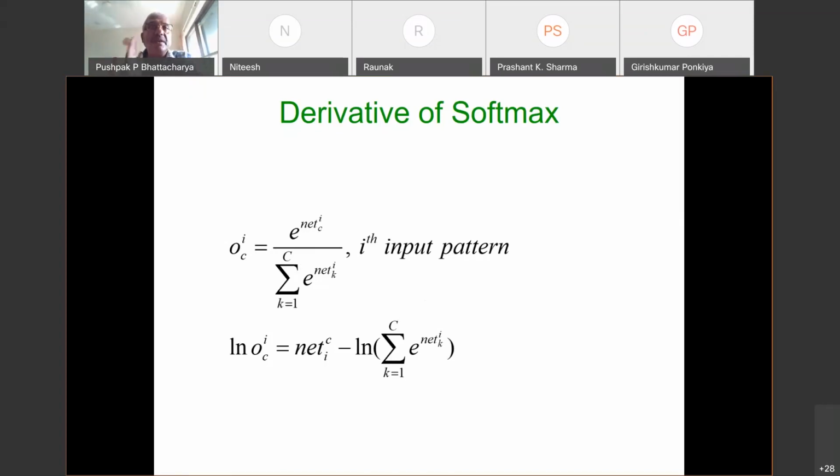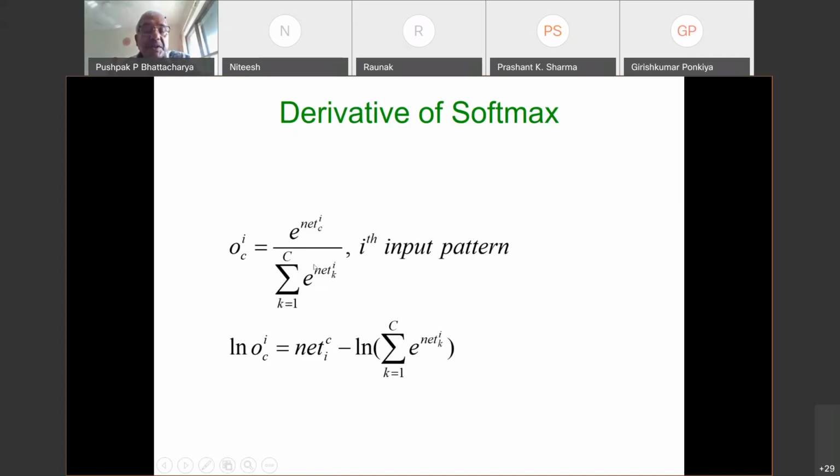That is a very basic point you have to keep in mind. We are taking the derivative of the output of the ith neuron with respect to the input. Which input? This neuron's own input or another neuron's input. This is a small difference from the sigmoid neuron, which we need to keep in mind.